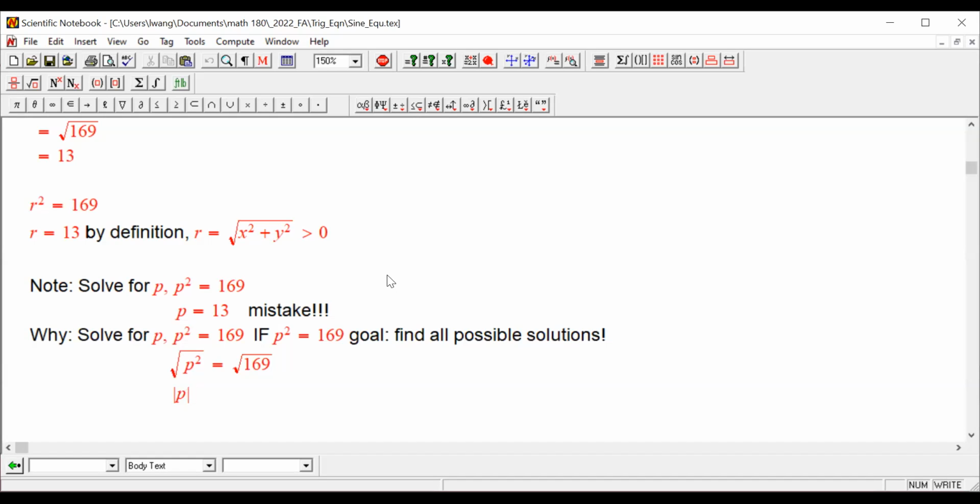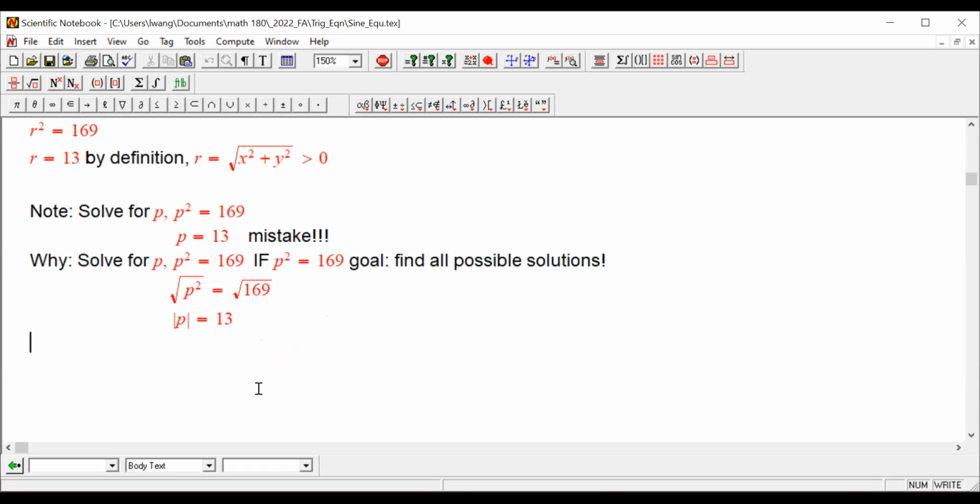Don't forget that. Remember, we talked about that in the first week, and we continued to use it. You must be very careful about this, okay? So in this case, you're solving an equation involving absolute value. So p equals positive or negative 13. So now you understand why I said this is a mistake, because you're missing another solution. You have to be very careful when you're dealing with this.